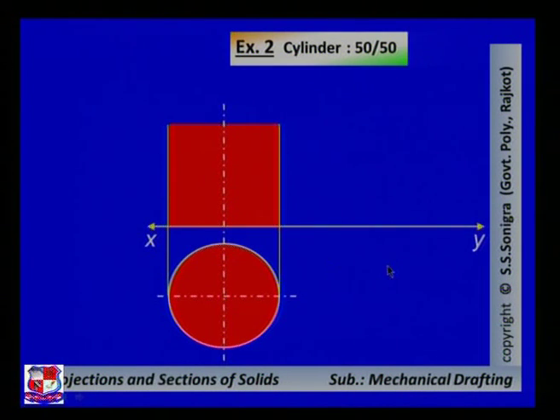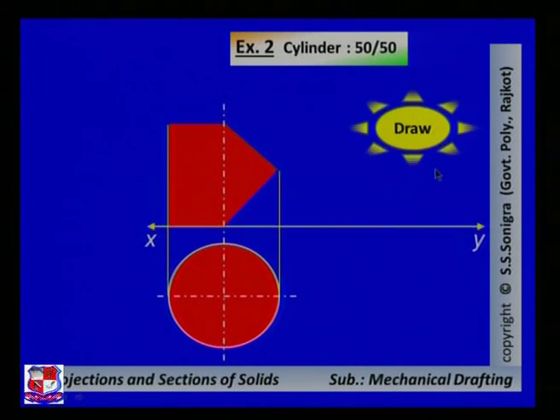So this rectangle is to be converted into a square, and this is the cut portion. Draw a line at an angle of 45 degrees from this end and a line at an angle of 45 degrees from this end. So this is the cut portion. Now we have to draw the views of this cylinder and the true shape of the cut portion of this cylinder. So for that, let me draw this problem.